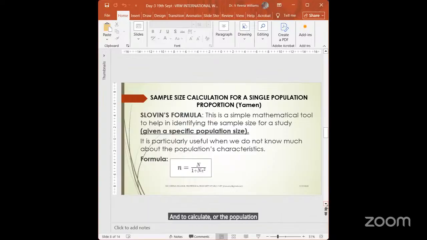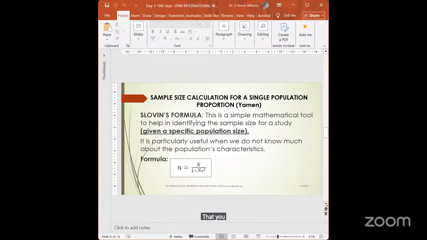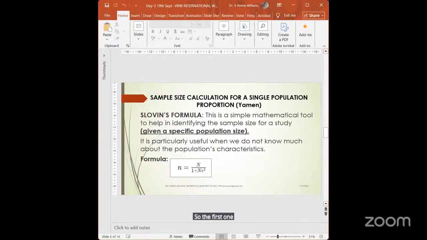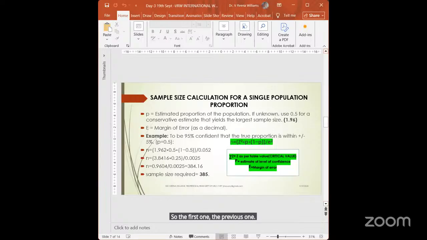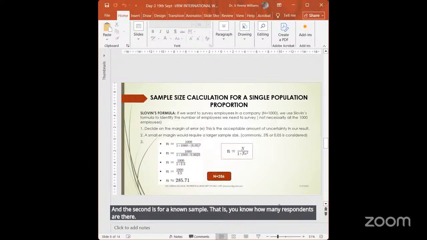You have so much population and you want to know the accurate sample size that you need to identify for your study. So that is the reason why I am elaborating and telling you about the difference. The previous one was for an unknown sample, and the second is for a known sample. That is, how many respondents are there. See, this is the formula for that.